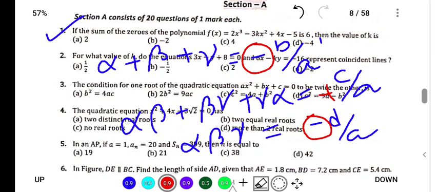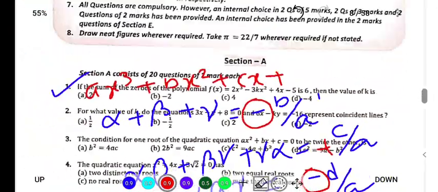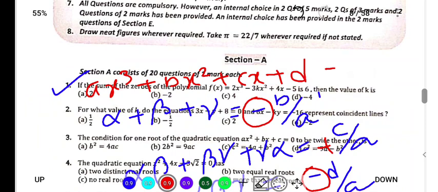The original or actual polynomial was a x cube plus b x square plus c x plus d is equal to 0.